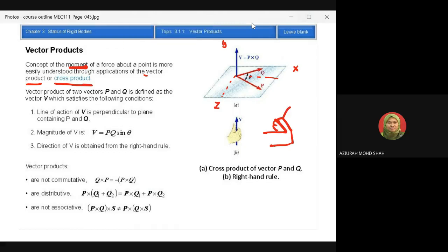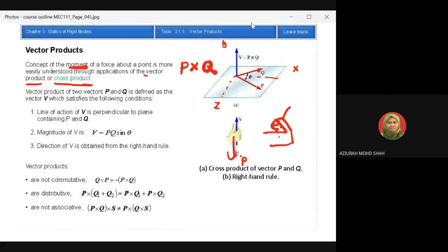So ini you punya jari kamu, you bengkokkan dia lah. So you tengok yang tapak belakang tangan kamu ni, consider you punya P lah. Yang bahagian depan ni consider sebagai Q. Sebab kalau kita kata P cross Q, maksudnya P kena sebut dululah.